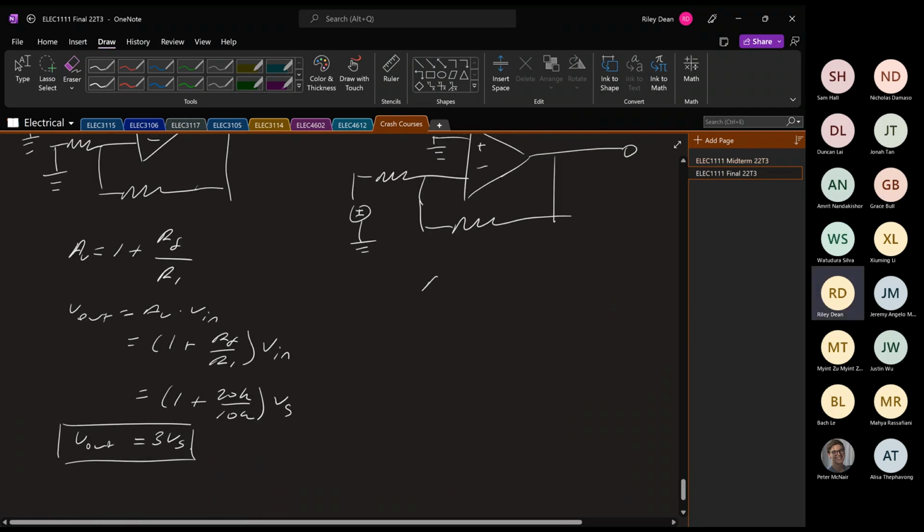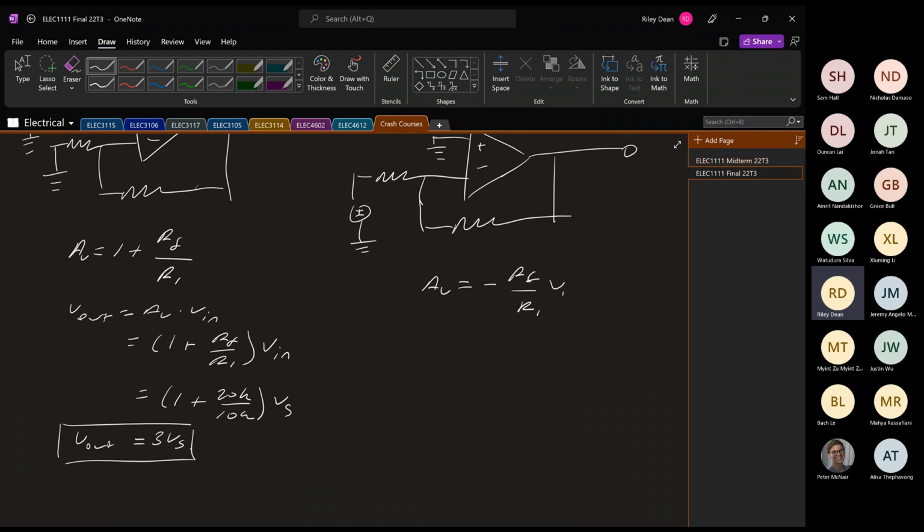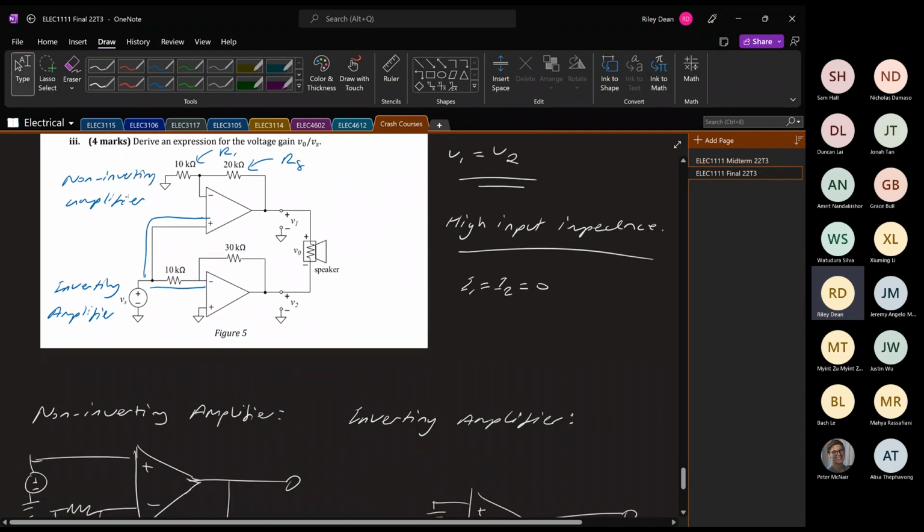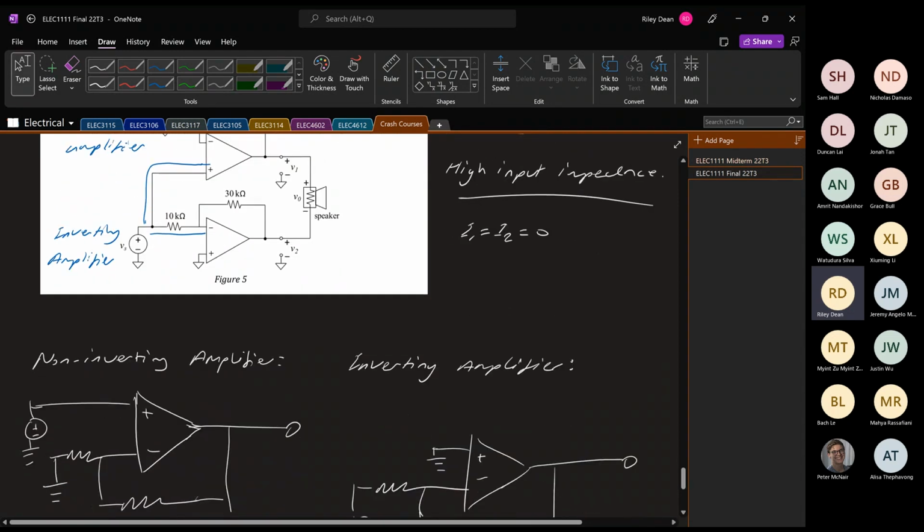For our inverting, it's slightly different. Now we put negative out the front, and we no longer have the one term. So similarly, V out is the negative RF over R1, V in. However, now RF is 30K, R1 is 10K.